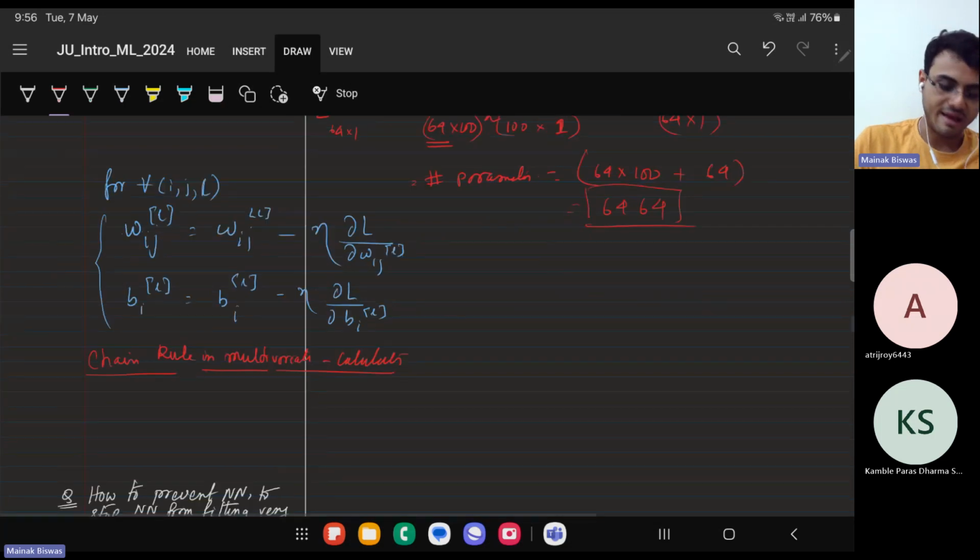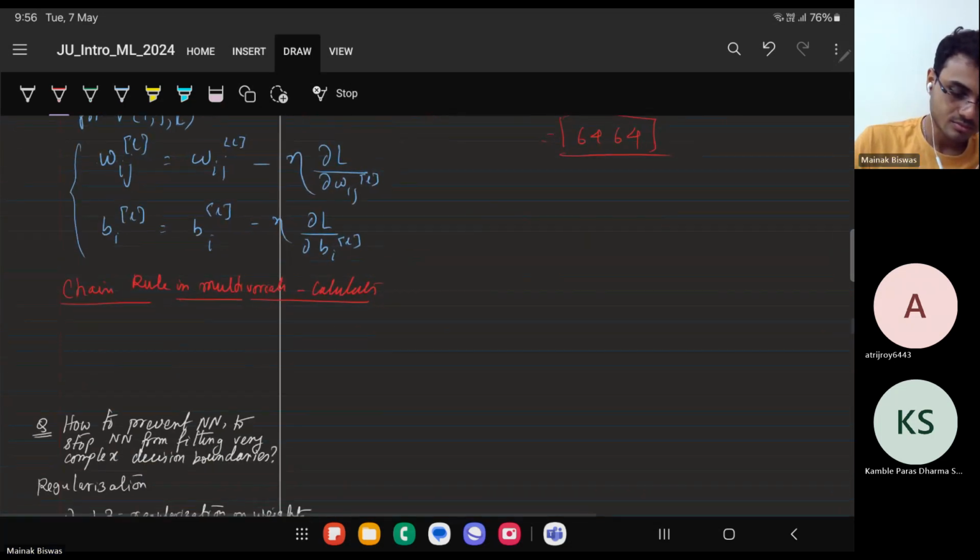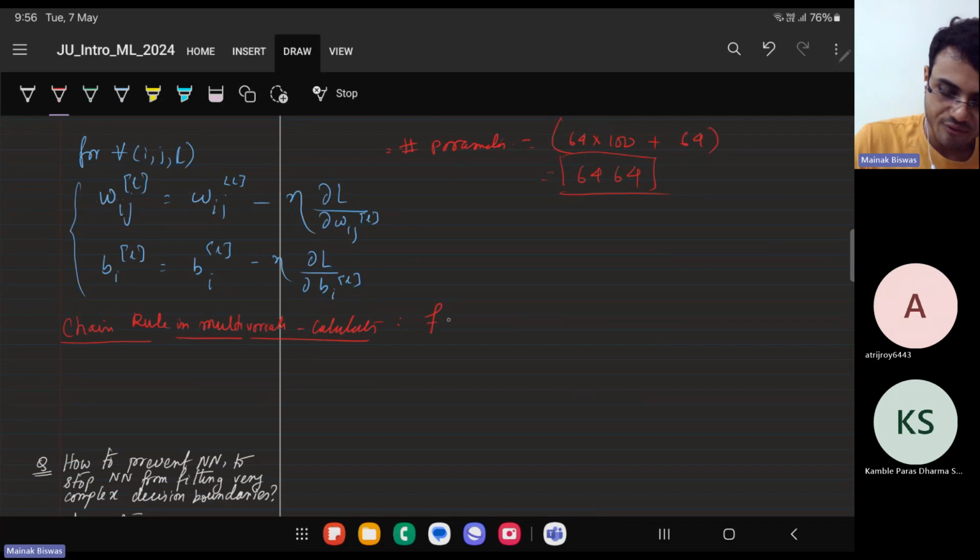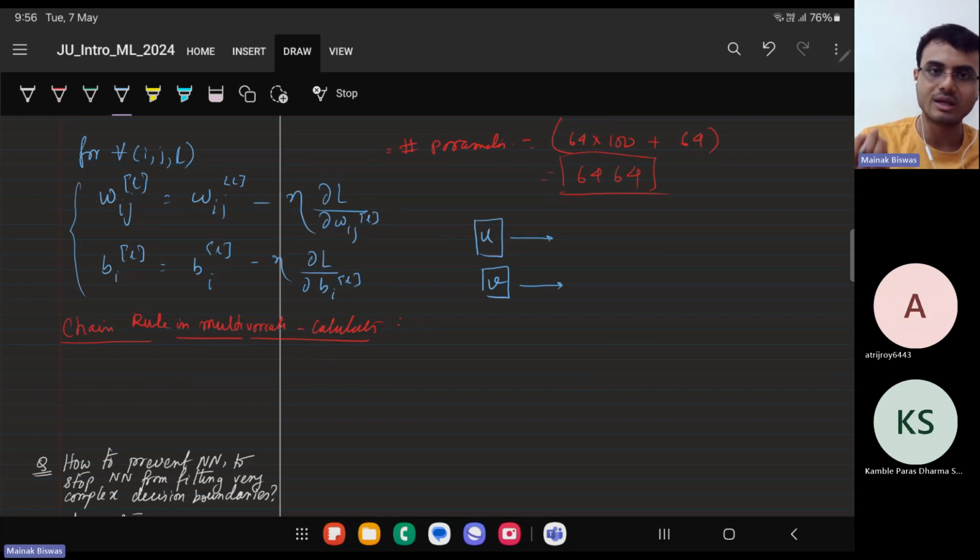Say you have a function f. I'll give you a very similar example to ours. Say you have u and v as two variables, two features, correct? I think you have done multivariate calculus, but in case it's not clear, I'll show how to infer multivariate calculus from a univariate sense.